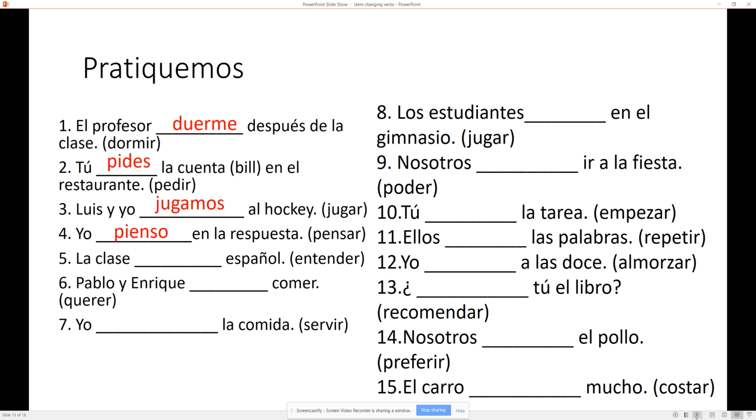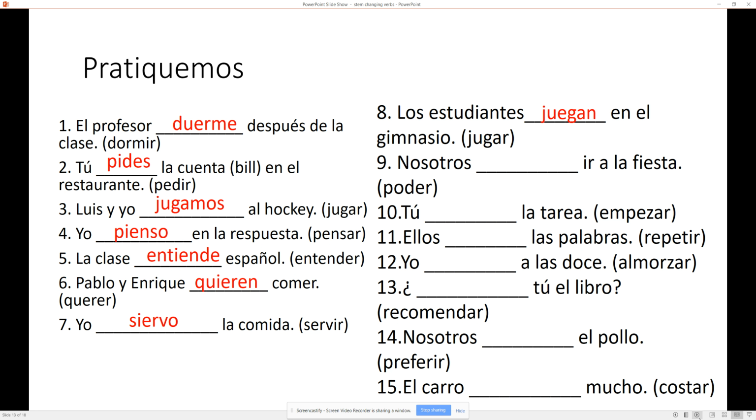Students will not need to know this for the test, but la clase entiende español. And as you can tell, even though the class might be made of many students, la clase is going to be singular. Pablo and Enrique quieren comer, so they want to eat. And yo sirvo la comida, I serve the food.